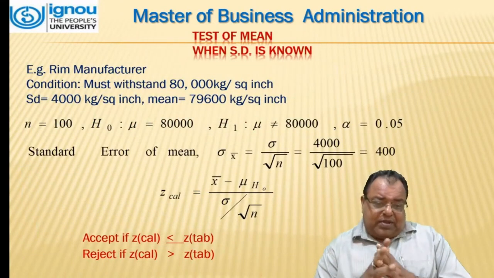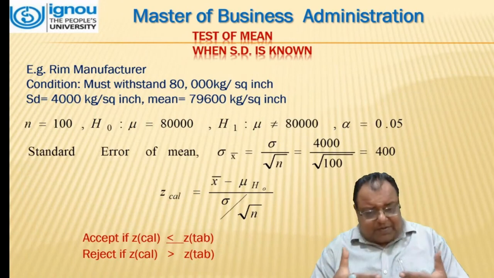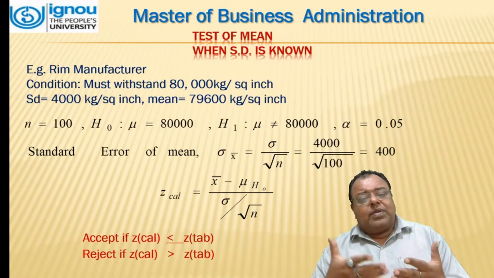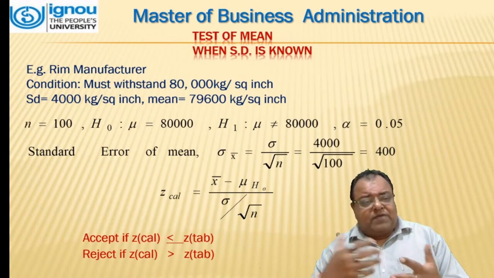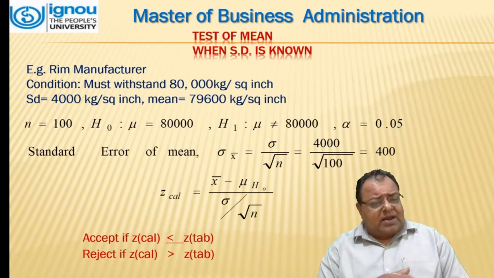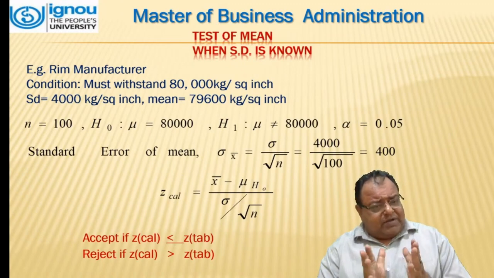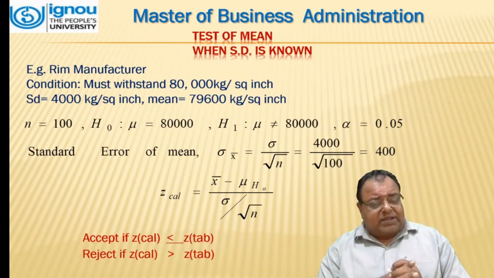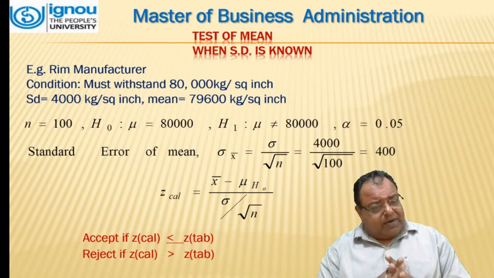Now, let us see how this comes into problem solving. Suppose we talk about ring manufacture. The condition is it must withstand 80,000 kg per square inch of load, your standard deviation is 4,000 kg per square inch, and your n is 100.